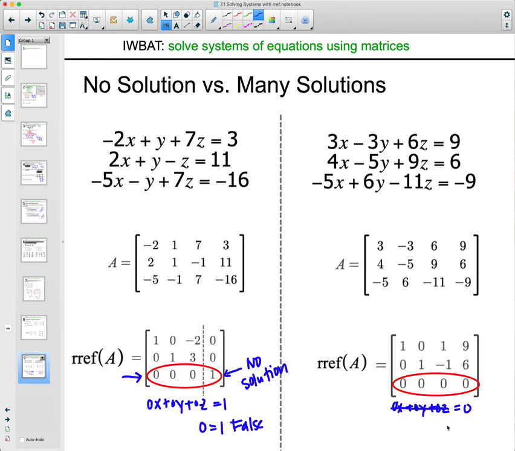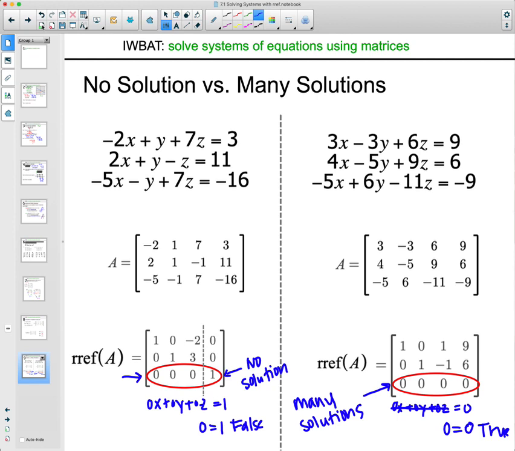So this all is 0. This one says 0 equals 0, which is a true statement. So if you see something like this, where it's all zeros at the bottom, then this one has many solutions. It just means that all those variables canceled out somewhere, so you've got many solutions to that system.